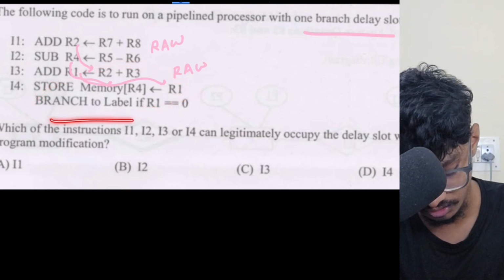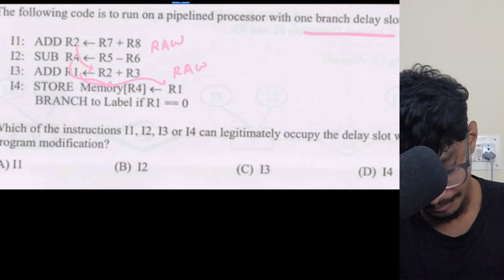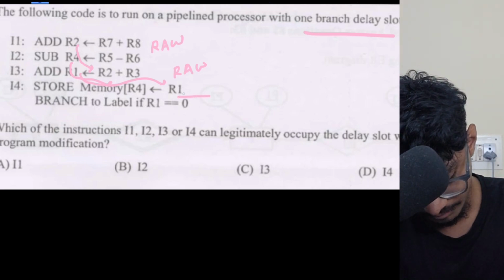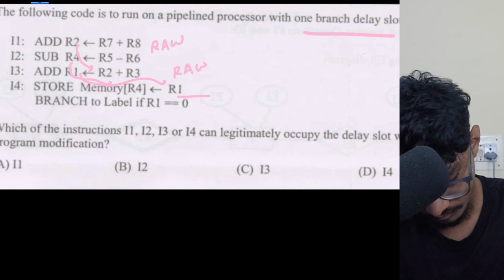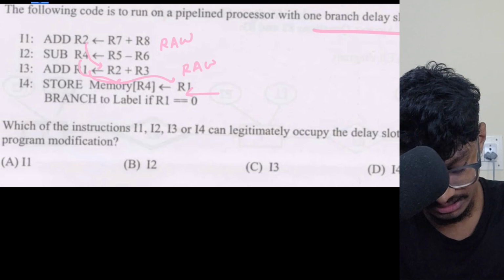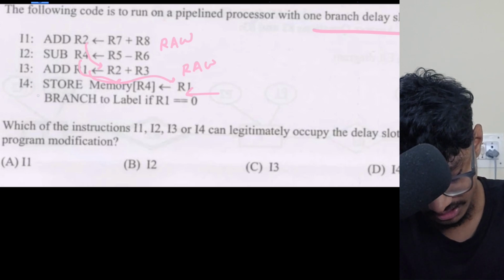Why will I give the delay slot in I4? Because I can give the delay slot between these instructions. I can give it here. What I want is, even if this instruction gets delayed, it doesn't affect the previous instruction.